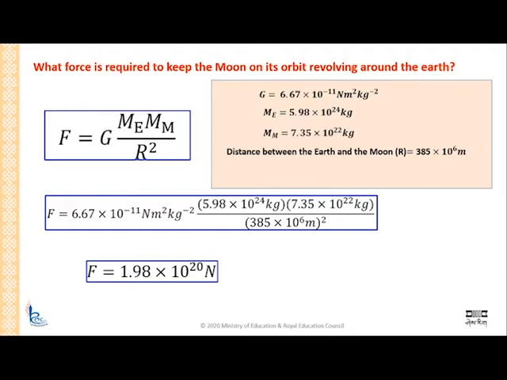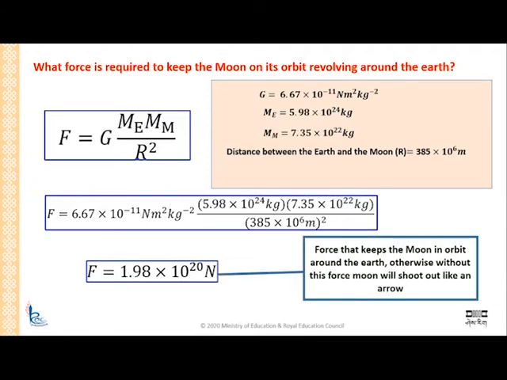As stated earlier by Newton, every mass has a force of attraction. So since the earth and the moon are masses, they attract each other with the force of 1.98 times 10 to the power 20 Newton. And this is the same force that keeps the moon orbiting around the earth. So this is the force which keeps the moon in its orbit.